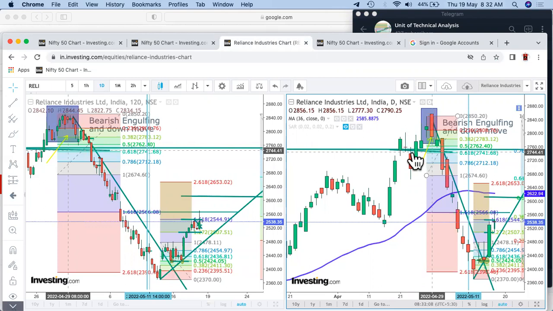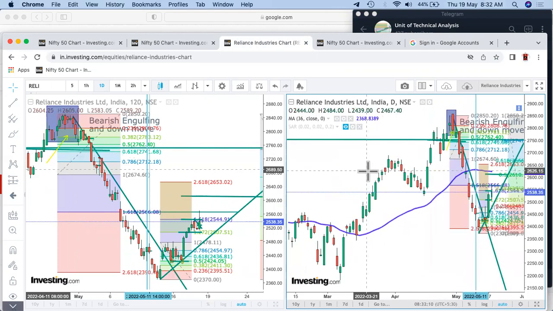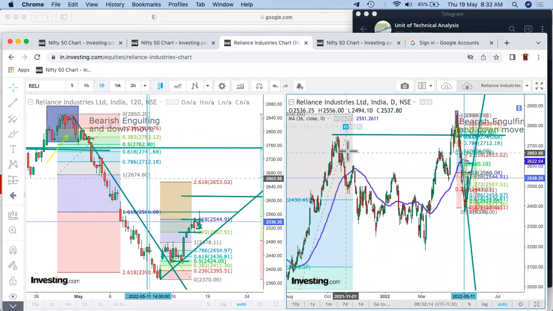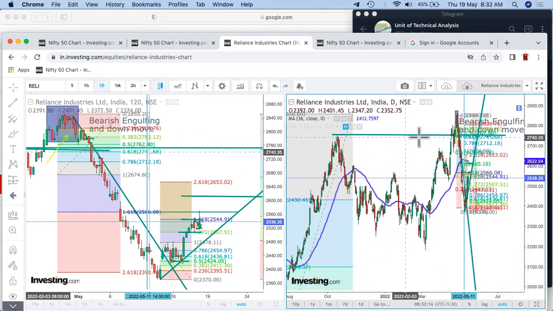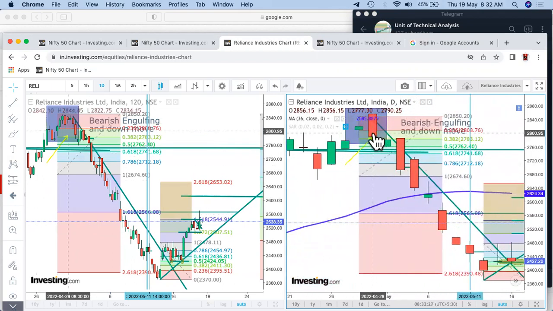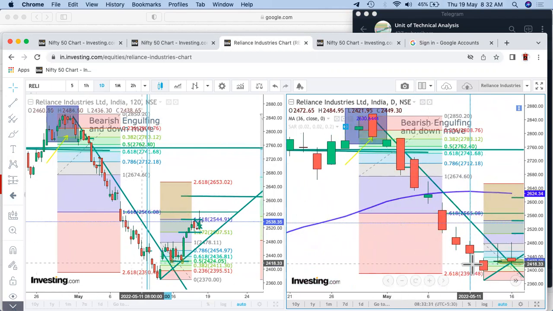We had also discussed that the kind of pattern being formed in Reliance, if it crosses across the top, there are high chances that it may move down further. The same thing happened, and I was specifically behind Reliance, wanting to take this rally further down.